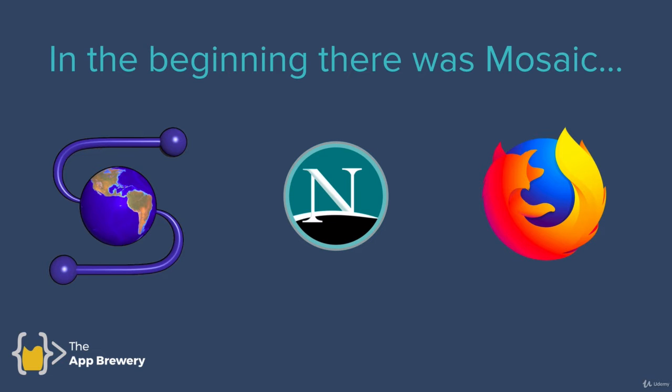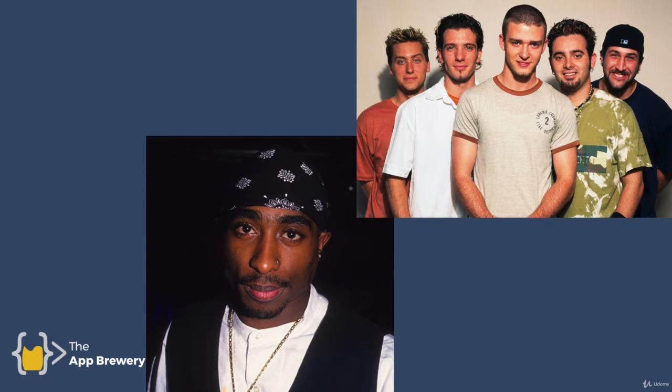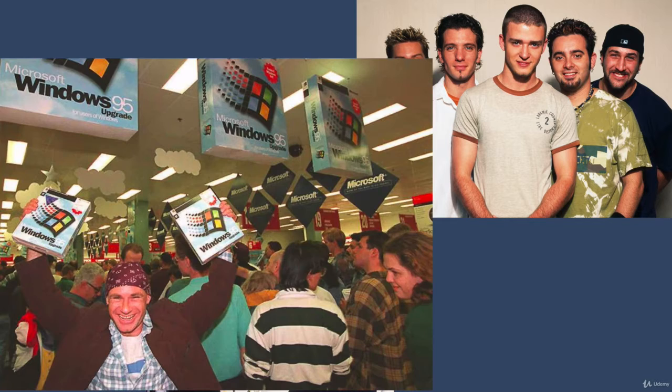So I want to take you back. We're going to time travel to 1995. This was the time before Tupac was killed and NSYNC was plastered all over my room, and a time when people would fight each other for the latest version of Windows 95. At this point in time, HTML websites were all form and no function.